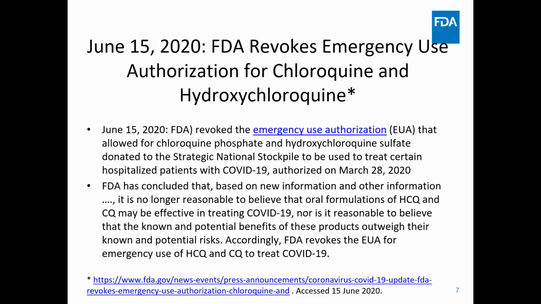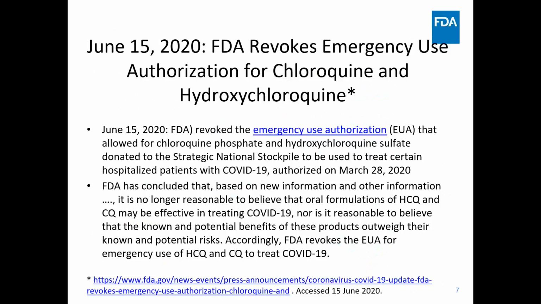But then FDA has continuously reviewed the pre-existing and the new data and reanalyzed it and looked at literature and ongoing reports and FAERS cases and multiple data streams, the National Poison Center data, etc., and has concluded, based on new information and other information, that it was no longer reasonable to believe that the oral formulations of these two drugs may be effective in treating COVID-19, nor that the potential benefit would outweigh the risk.